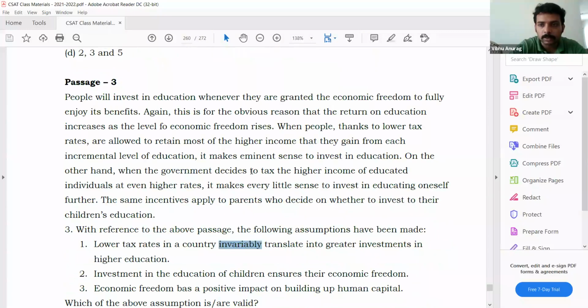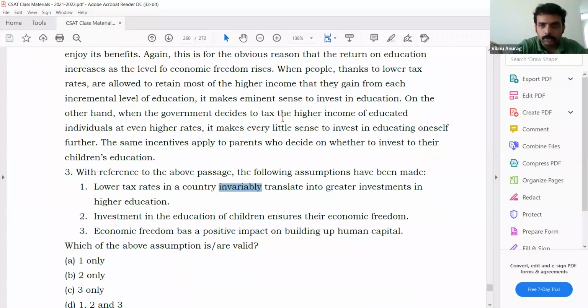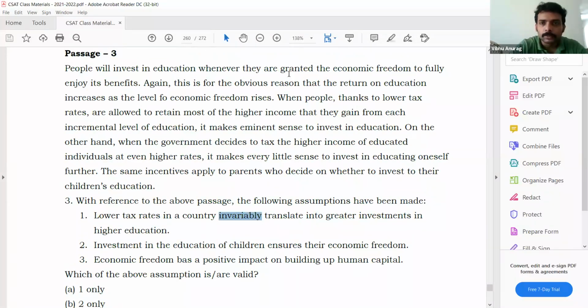Lower tax must also ensure? No, nothing of the sort is given. What they're saying is that the return on education increases as the level of economic freedom rises. So when the tax rates are lower, people have a tendency to invest more in education.